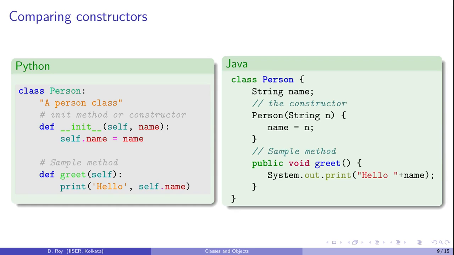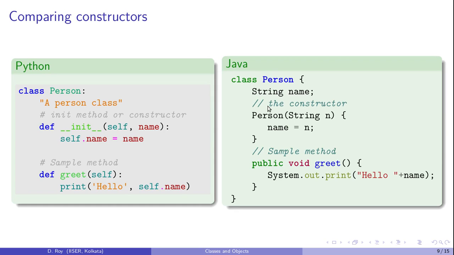Now those of you who have some experience writing code in Java can see a similarity between this init method and the constructor that we used in Java. In Java, we needed to pass the parameter with which we want to initialize some variable, in this case called n, of the same type string, and the name of the constructor was exactly the same as the name of the class.